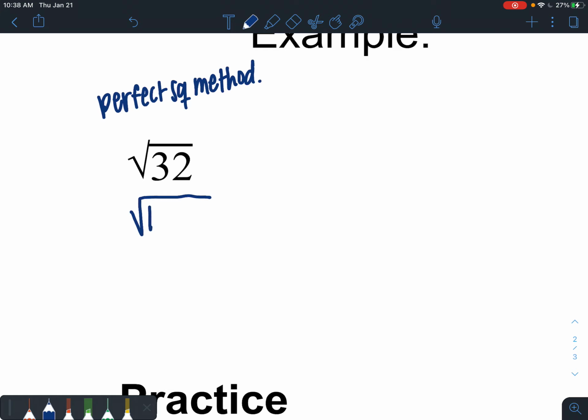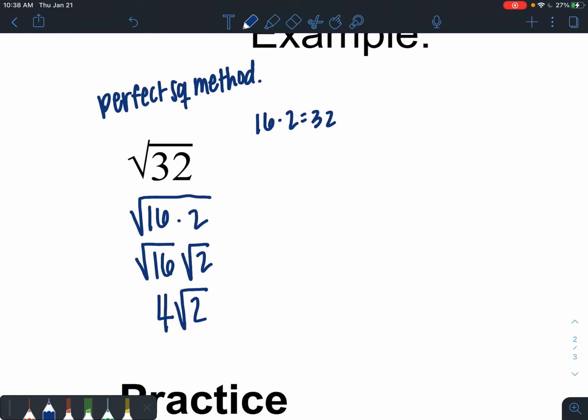So I'm gonna do square root of 16 times 2, then split it into 2: square root of 16 times the square root of 2. Square root of 16 is 4. Square root of 2, nothing. So we're just gonna leave it like that to find our exact answer. So that right there is our solution.